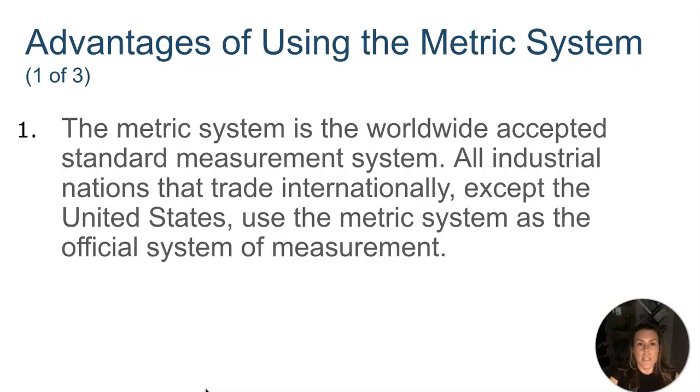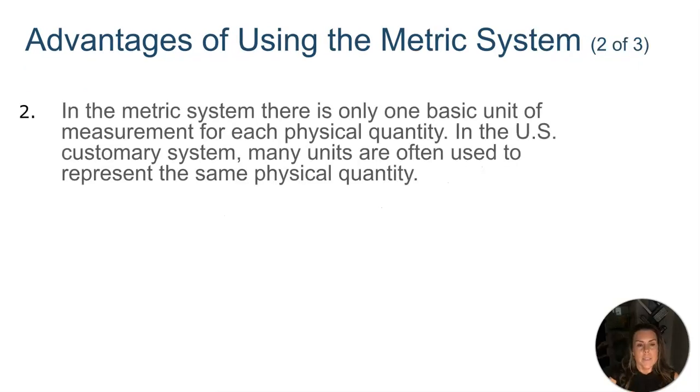So what are the advantages of using the metric system? As I mentioned just before, it is used worldwide. Second, in the metric system, there really is only one basic unit of measurement for each physical quantity.